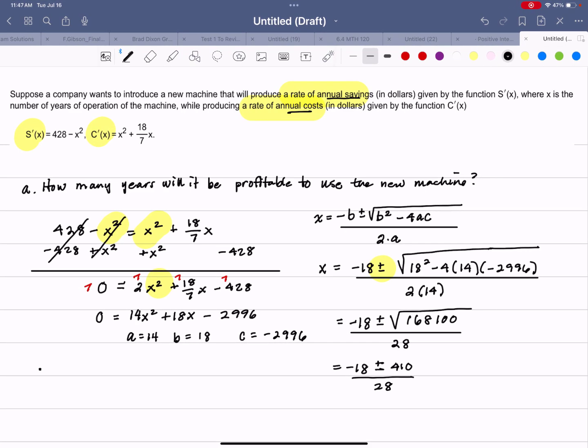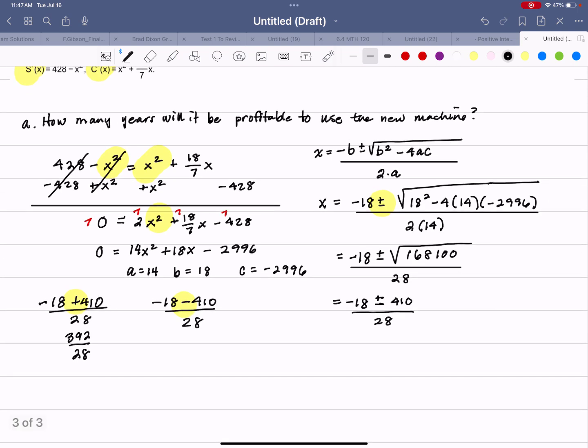I have negative 18 plus 410 divided by 28. And I have negative 18 minus 410 divided by 28. The only thing you change is the plus and minus between them. Everything else stays the same. So that's negative 18 plus 410, 392, divided by 28.